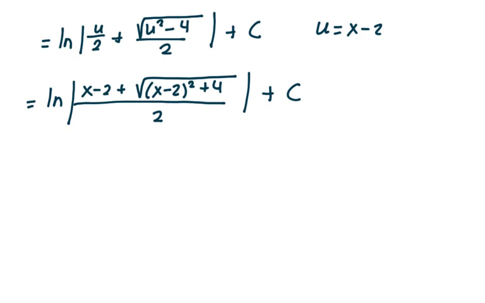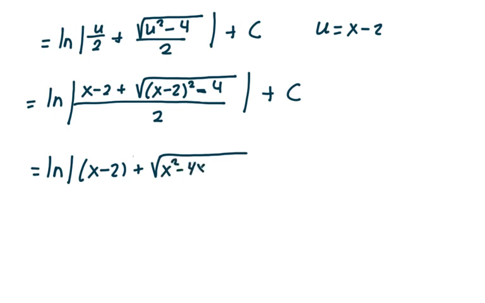Now, one final step. We can write this as natural log of, by the way, that should be minus 4. So we get natural log of the absolute value of x minus 2 plus the square root of x squared minus 4x plus 4 minus 4, right?